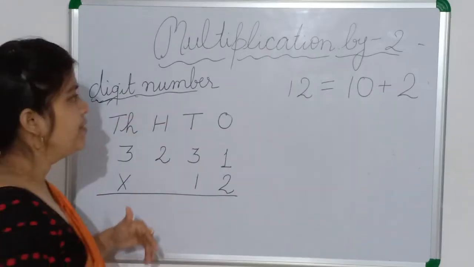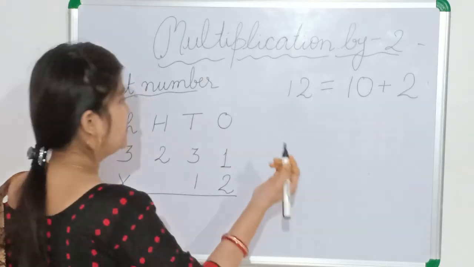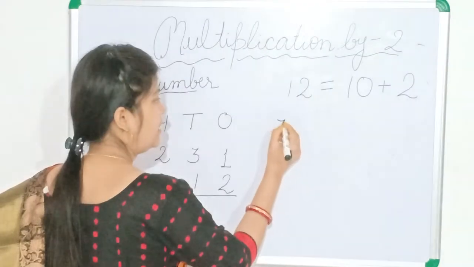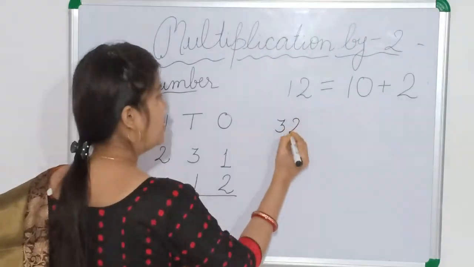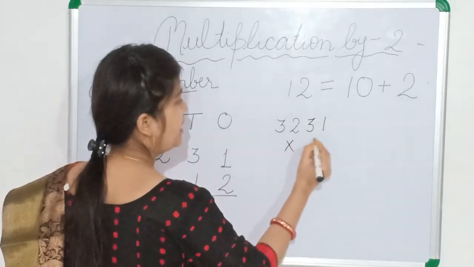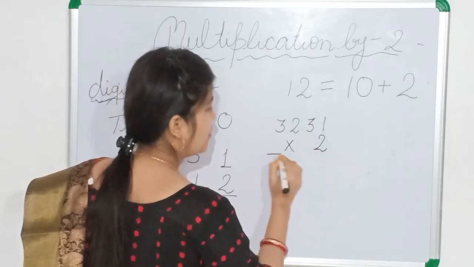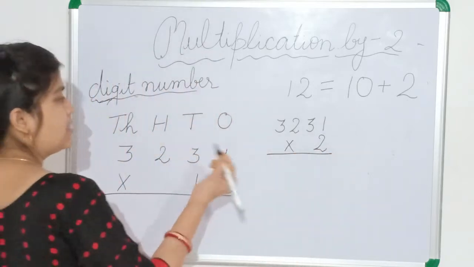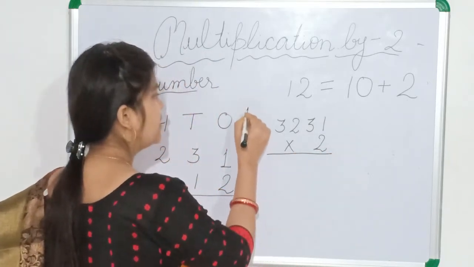So here I am showing you separately also. You can multiply here 3231. First you multiply by 2. Okay? That is first step.